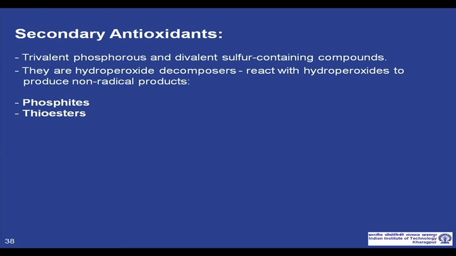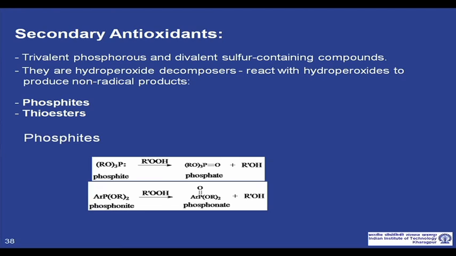These are the common examples of secondary antioxidants. For example, phosphites decompose these hydroperoxides and form non-radical products, and thereby decrease the concentration of hydroperoxide, hence decreasing the auto-oxidation process.